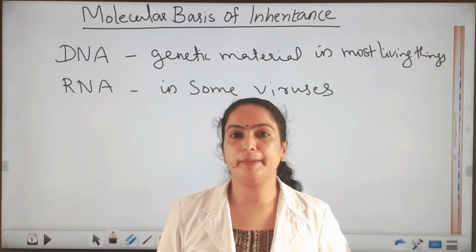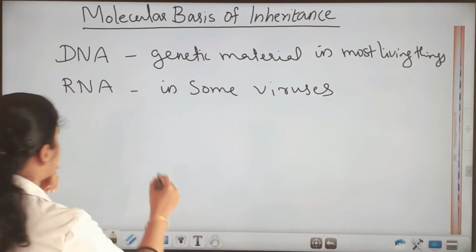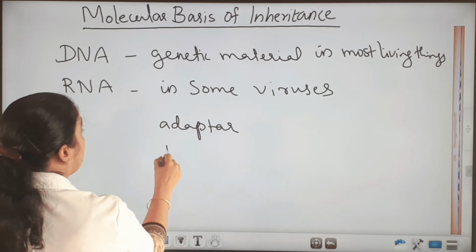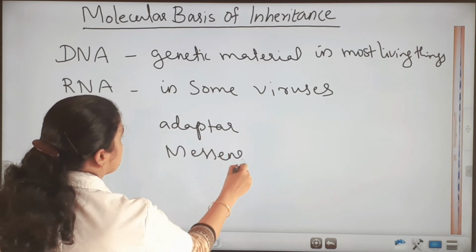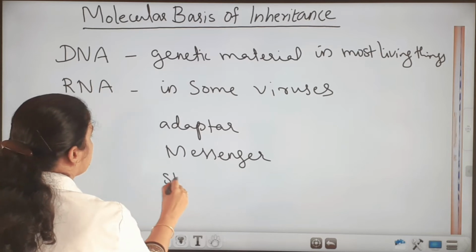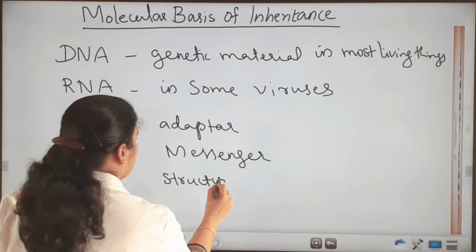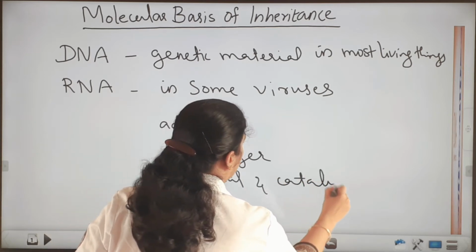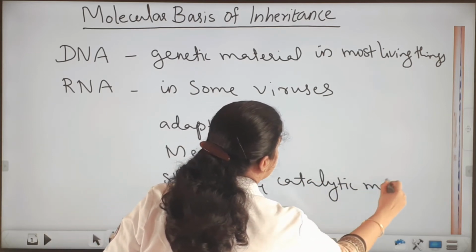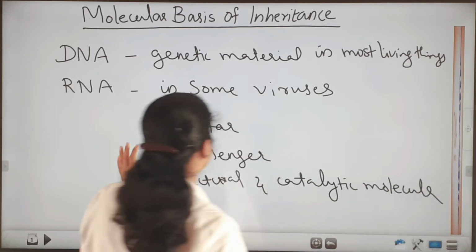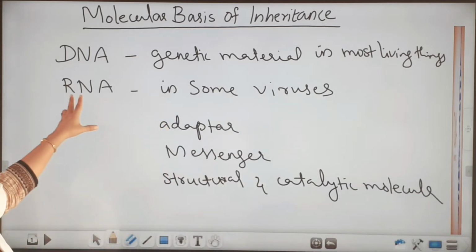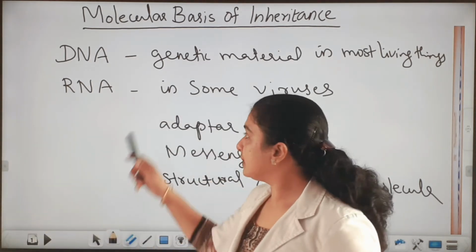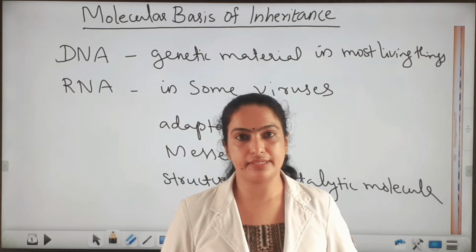And RNA normally acts as an adapter, messenger, and structural and catalytic molecule in living things. So these are the major functions of RNA. Okay. So this is about the nucleic acid.